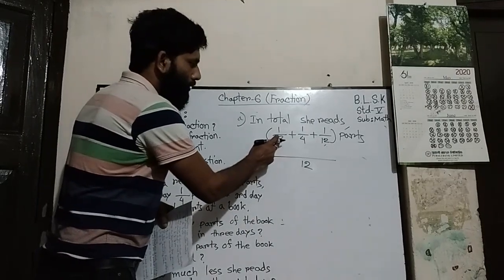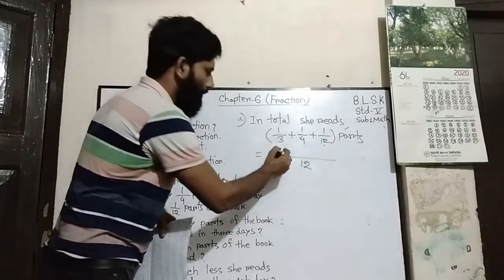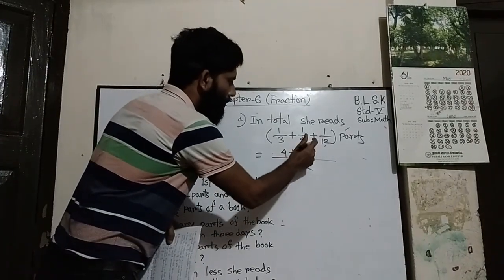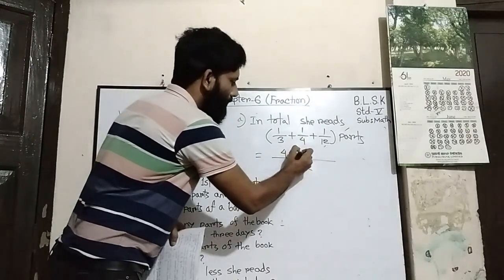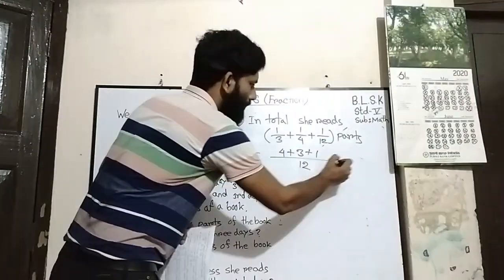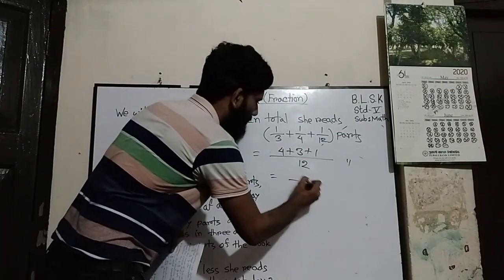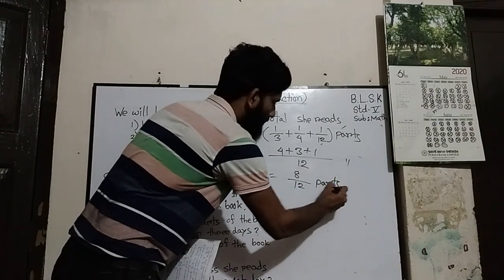So how can we do this? 12 divided by 3 is 4, 4 multiplied by 1 equals 4. 12 divided by 4 is 3, 3 times 1 is 3, plus 12 divided by 12 is 1, 1 times 1 is 1. So the parts are 8 by 12.